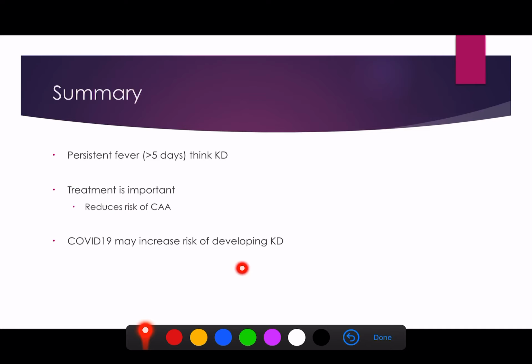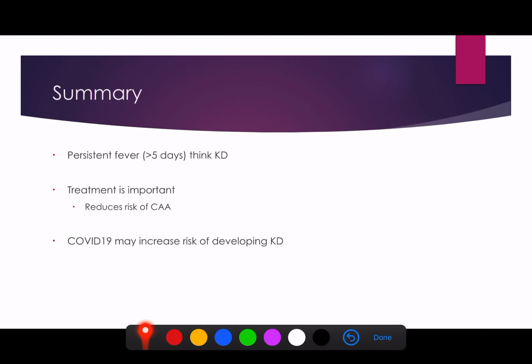And it's interesting because there seems to be a link between COVID-19 and Kawasaki disease. Certainly in the UK there's been an alert by the NHS, as done by the Paediatric Intensive Care Society, to warn people that there's been an uptick in the number of Kawasaki disease presentations.